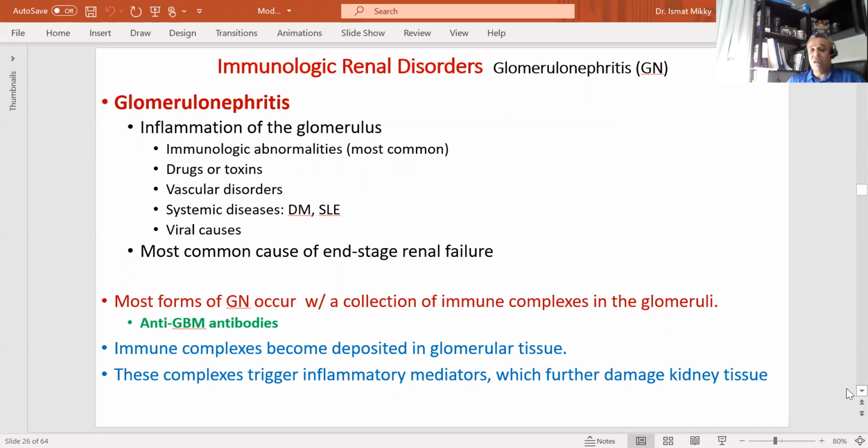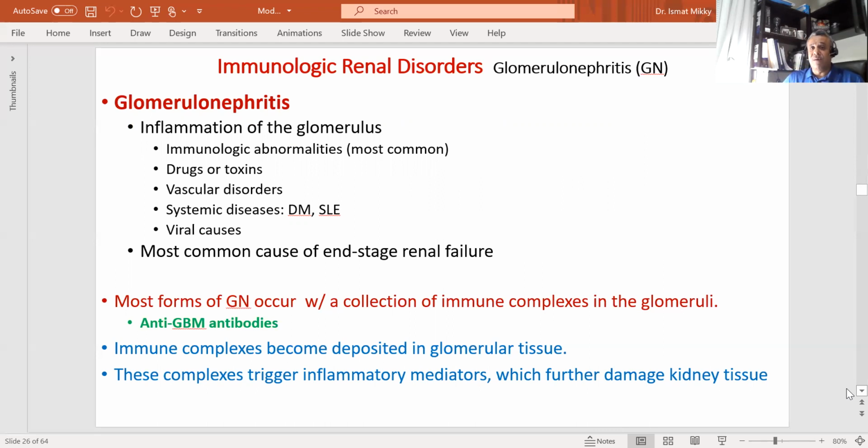The pathophysiology of the AGN, or acute glomerulonephritis, is that there are anti-GBM, glomerular basement membrane, antibodies. So the antibodies will attack the basement membrane, and with the antigen, it will form what is called the immune complex.